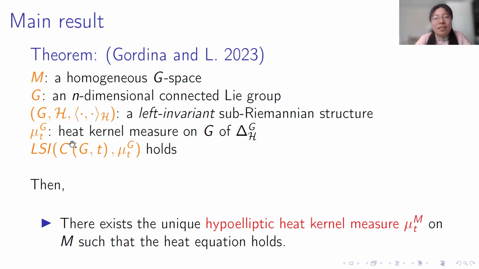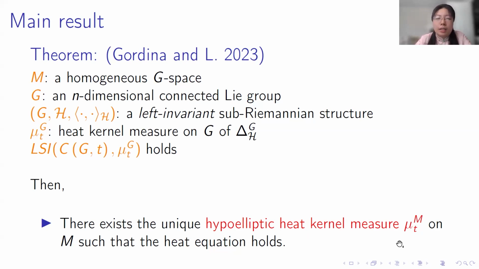However, using this approach, you may not get the explicit formula for this heat kernel measure because of the different choice of reference measure. But actually, to prove the logarithmic inequality, you don't need this explicit formula. Just the uniqueness and the existence will be enough. And this is the push forward of the heat kernel measure on G by the natural map from G to M, which I will explain later.